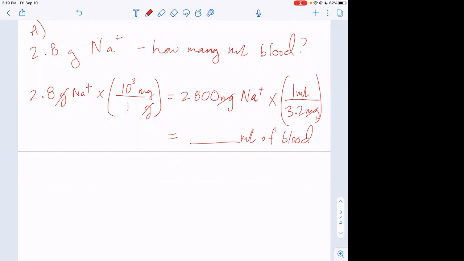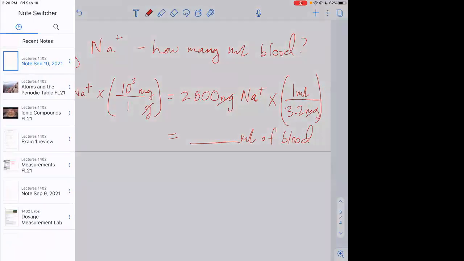Do y'all need to work specific heat problems, density, prefixes? What was that, Fatima? Say that again. Specific heat problems? Okay. So again, I'm not going to ask you to memorize specific heat values for any substance.